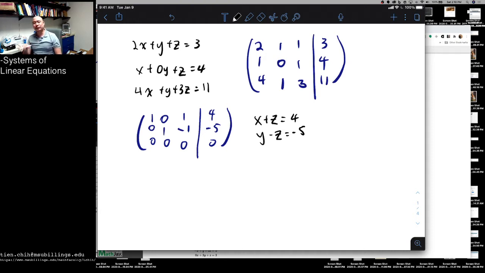And then the last equation says that 0 is equal to 0, which is useless, but true, I guess, but not helpful to us in any way, right? So I can rewrite both of these equations to be something like x is minus z plus 4 and y is z minus 5.